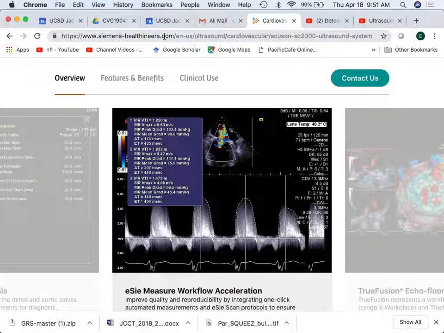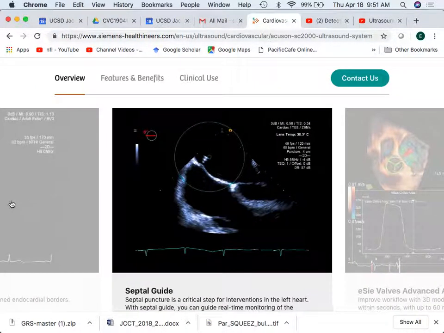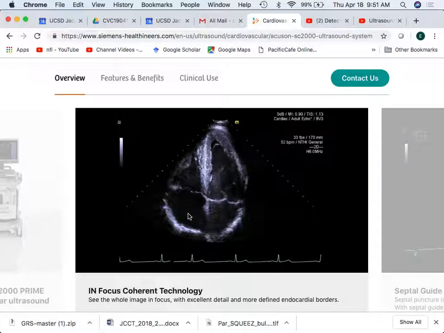I think it was lost in translation between German and English, like why you would call people Healthineers. But anyway, there's a lot of examples here of what their ecosystem can do. So here's sort of fundamental image quality. And as we saw on Tuesday, you can see the image quality decreases with depth, right?